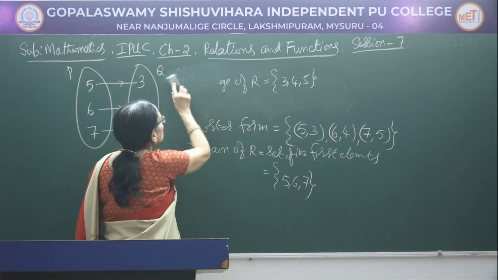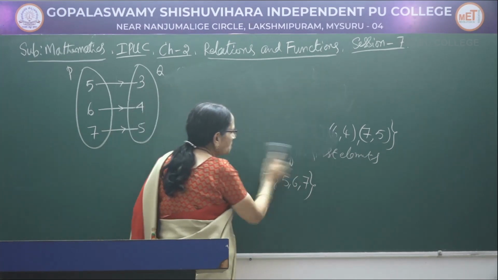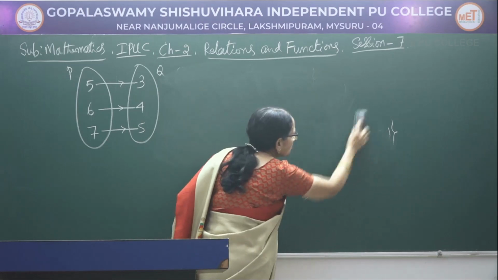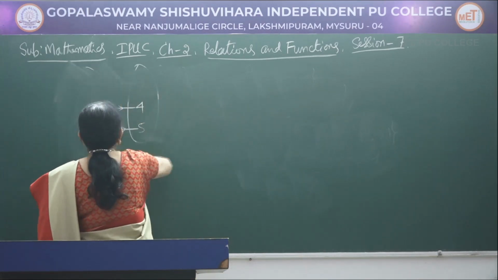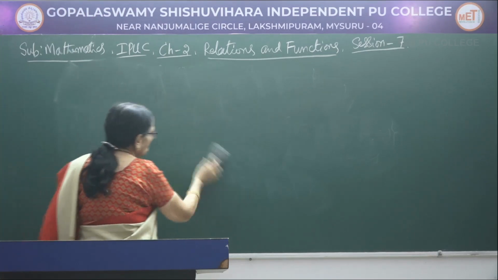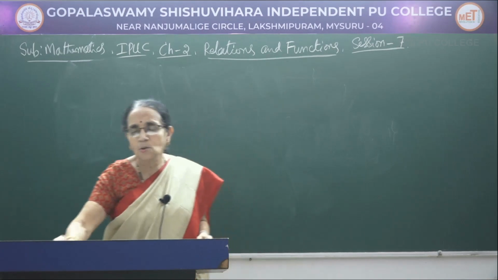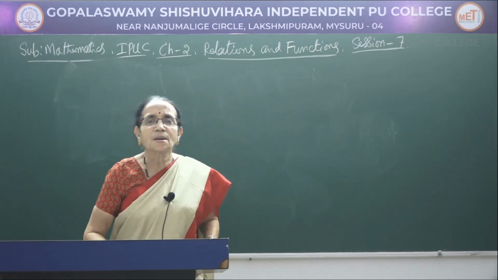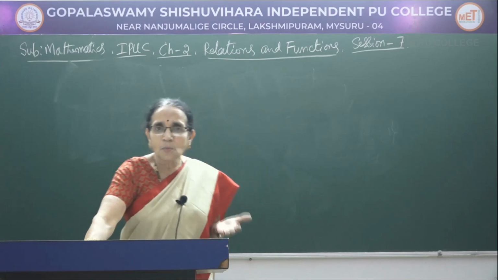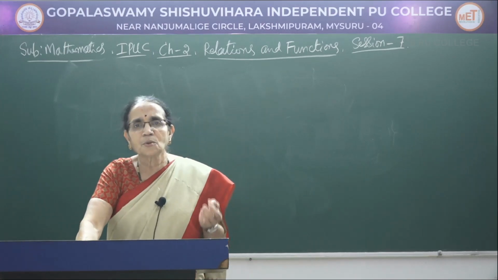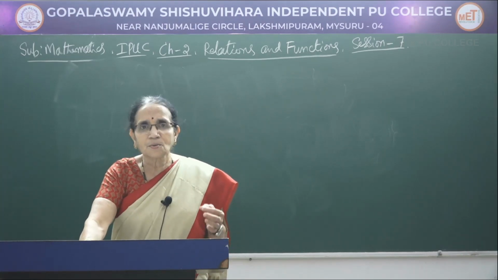Now, this is how you have to solve. When a relation is specified either in the set builder form or in the roster form, you can get the domain, the range or any other thing. Codomain they do not usually ask, because the second set is always called the codomain, nothing to be calculated there. Only the domain and the range, because the domain is the set of the first elements of the relation and the range is the set of the second elements of the relation.